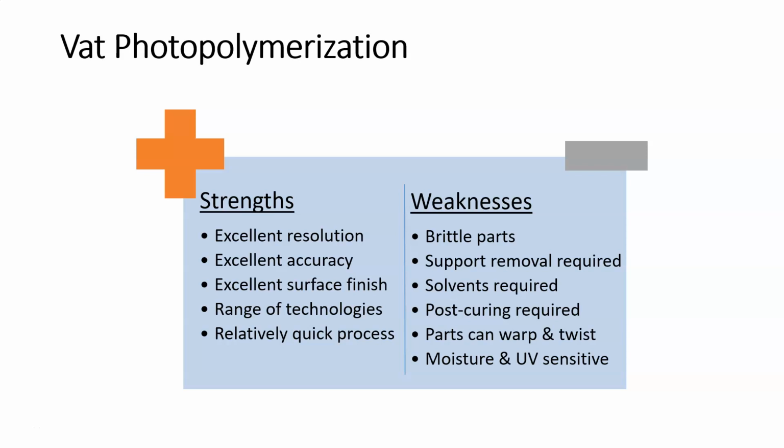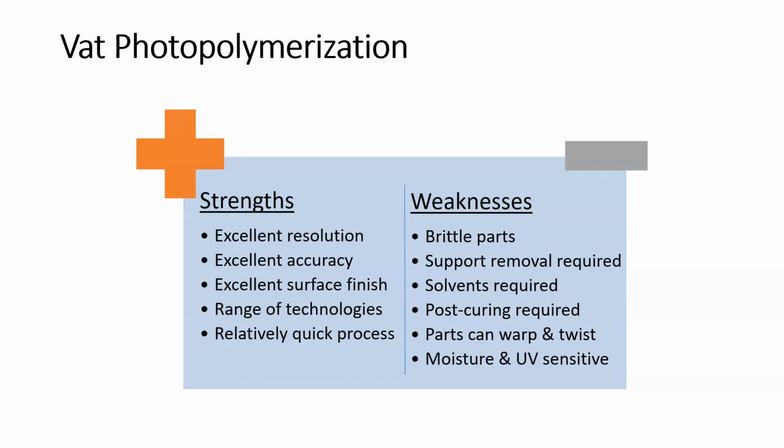There is support removal required. So there are supports that are required in this process, as we'll be talking about, and they do require removal, manual removal, usually clipping with some kind of pliers or clippers. There is a solvent required for this. There is post-curing that is required. So there's post-processing here, finishing, so to speak.